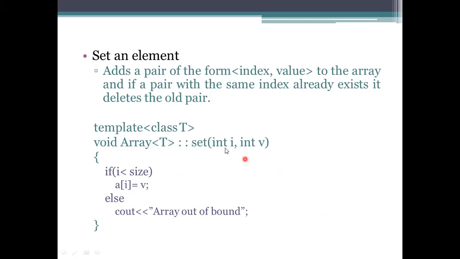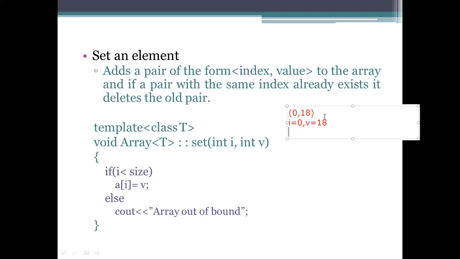So first, what is the value that has been passed here? The value passed here is 0, 18. So I is equal to 0, V is equal to 18. Now see how it is going to check.